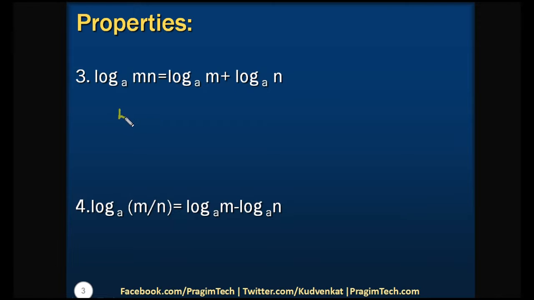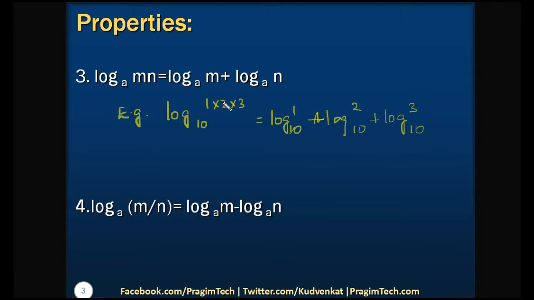Let's take one example. It is logarithm of 1 into 2 into 3 to the base 10. So this we can write it as logarithm of 1 to the base 10 plus logarithm of 2 to the base 10 plus logarithm of 3 to the base 10, right?